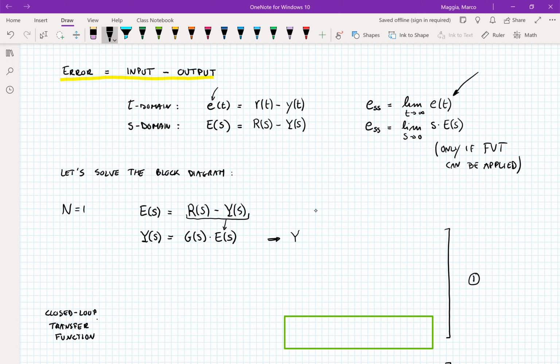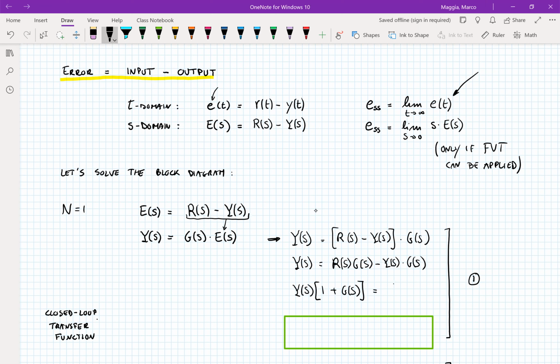And by doing so, we find that Y of S, or the output, is equal to R minus Y, everything times G, or Y is equal to R times G minus Y times G. And so Y times 1 plus G of S is equal to RG.